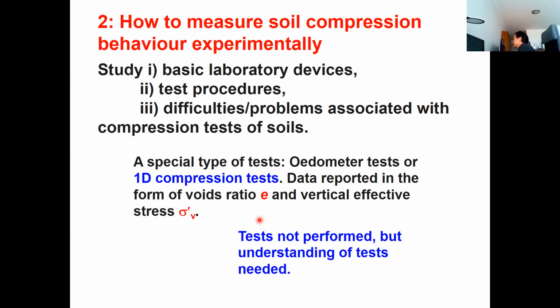Usually you use the void ratio and mean effective stress for your description, but if it is one-dimensional compression, you use void ratio and vertical effective stress. You are not going to do any test, so it's important you need to understand the test. So people see you are fairly general, fairly comprehensive and capable.